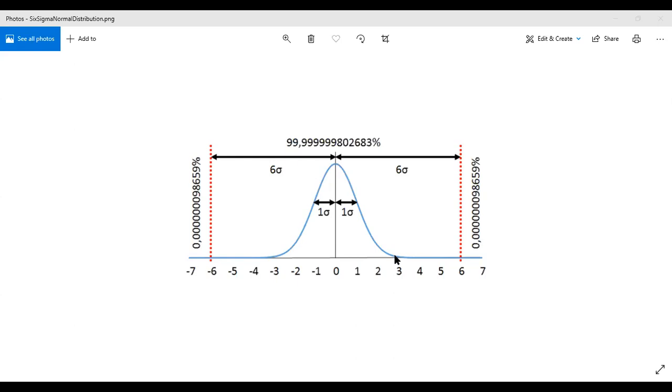The total variation is the distance from here to here, or from here to here. That is called the observed variation, the total variation in a process. This variation can be caused by two factors. One is your regular predictable process variation, which occurs on a regular basis.